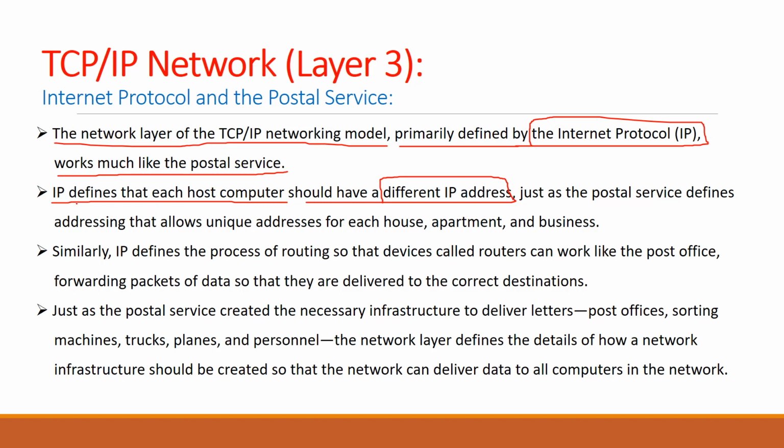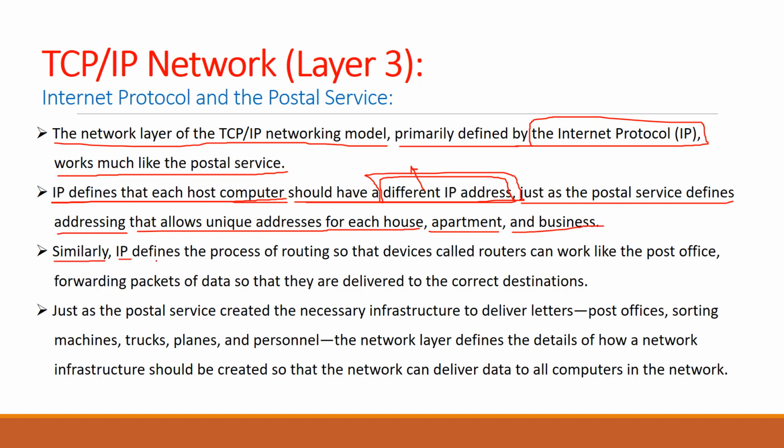All you have to understand here is that IP defines that each computer should have a different IP address, just as the postal service defines addressing that allows unique addresses for each house, apartment, and business. Yes, the address should be different and unique outside the house in this example.